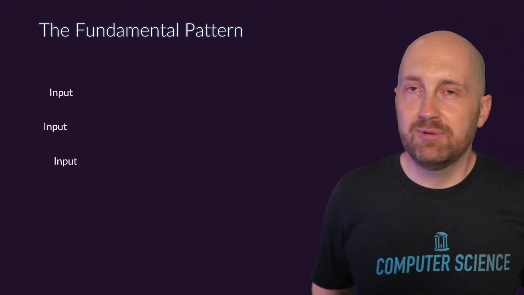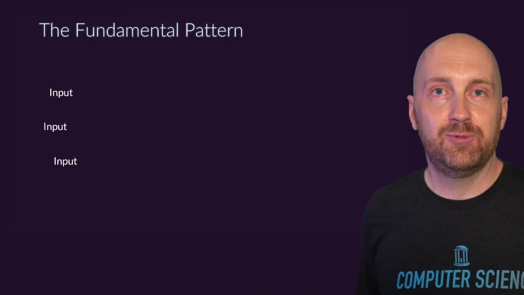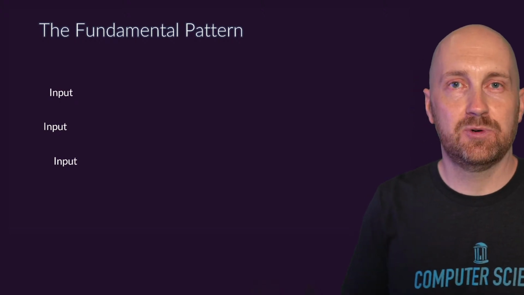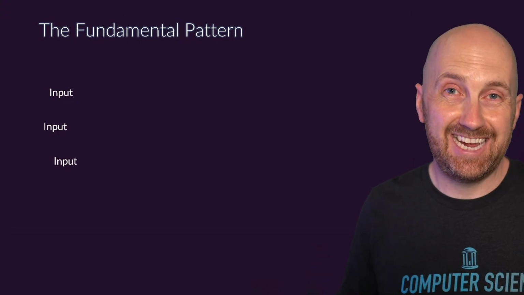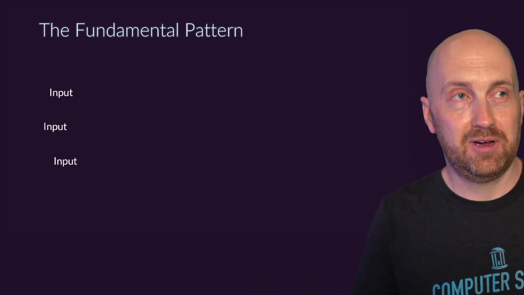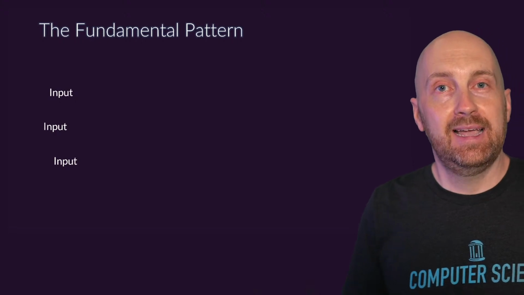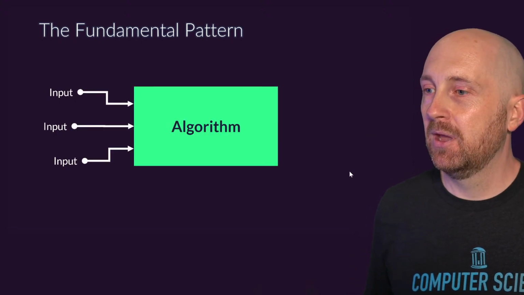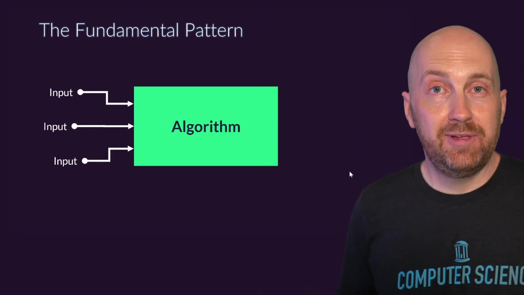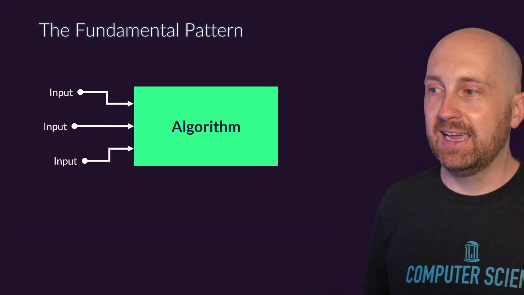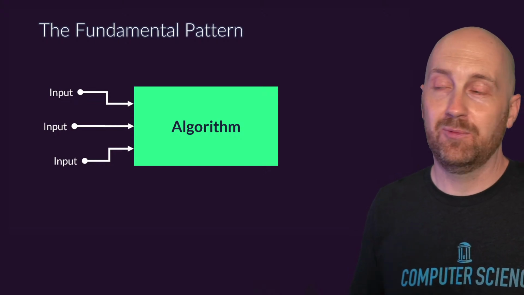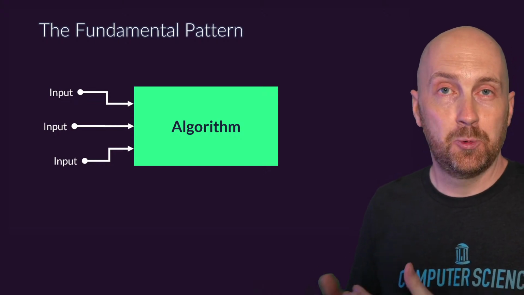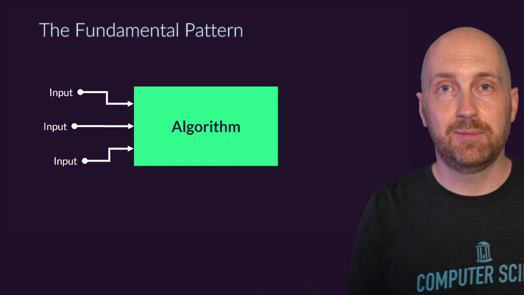So most problems in computer science start by specifying, well, what is it that we're actually working with? What are our input materials? What is the data that we have coming into our program, and how do we think about that? Your inputs are going to be fed to an algorithm, and the algorithm is the program that you're writing, right? So this is the code. When you're writing code, we're thinking about this as we're writing some algorithm to process some inputs.